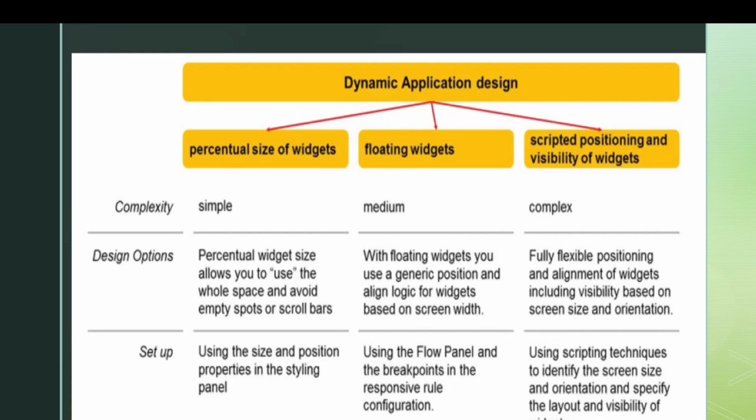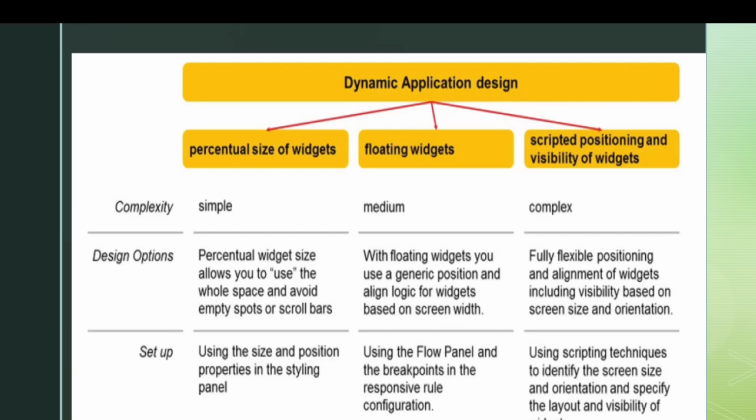This design option is based on the size and allows you to use the whole space and avoid empty spots or scroll bars. In the styling option we have the width and the height, and we can easily avoid empty spots by using that size and position.